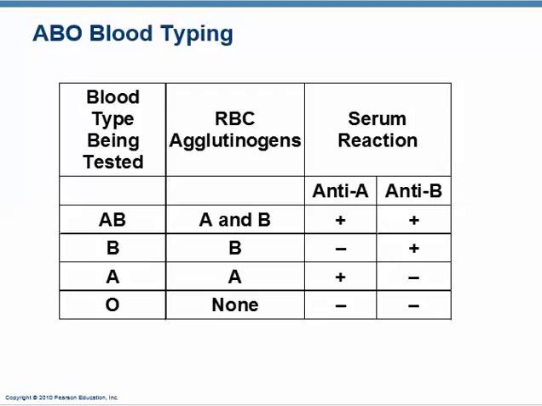If you have B, you would have a reaction with the anti-B but not the anti-A, and if you had a reaction with the Rh, you would be B positive, which happens to be my blood type. Anti-A has a reaction, anti-B doesn't, Rh doesn't, you would be A negative, etc.